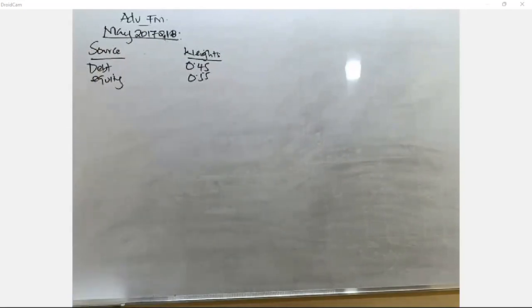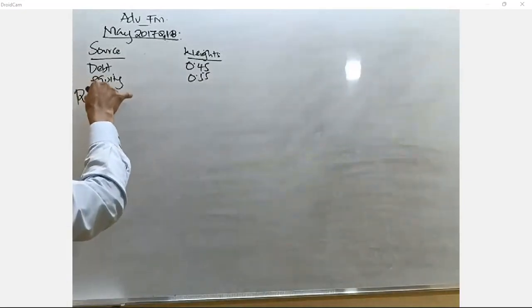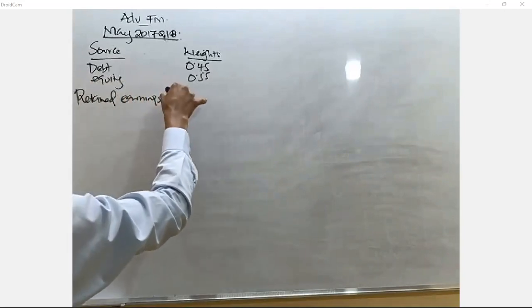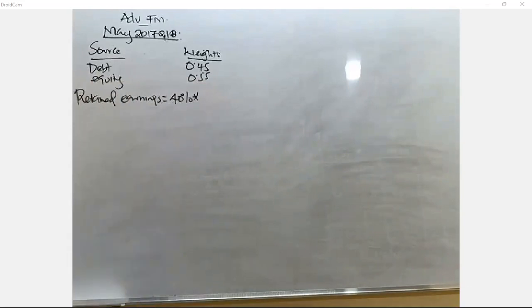But we are being told the management of Kenzel Limited forecasts the after-tax earnings to be 2.5 million. We have been told that the company has been paying 60% of its earnings as dividends, and this payment ratio is expected to continue in the foreseeable future. So you can ask yourself, how much is your retained earnings? Retained earnings will be 40%, because if 60% you are paying out, 40% is going to be retained.